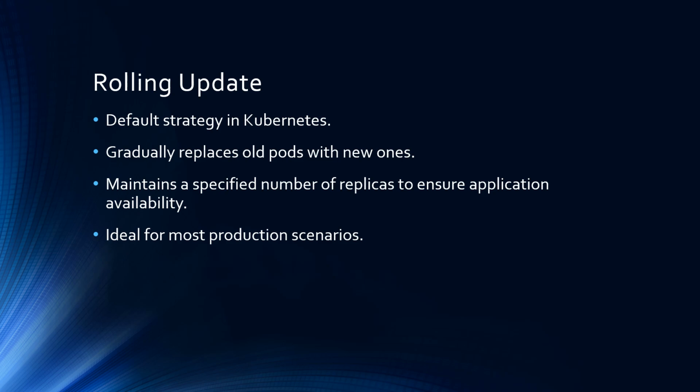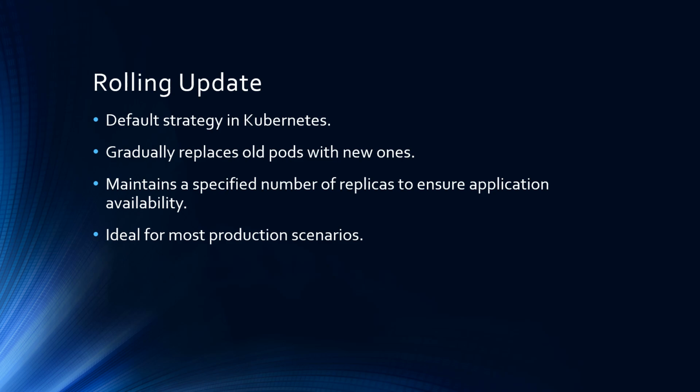Instead, it gradually replaces old pods with new ones, maintaining a specified number of replicas throughout the process. This means it might take down one pod running version 1.0, replace it with version 2.0, wait for the new pod to become ready, and then move on to the next pod. This process continues until all pods are running the new version.